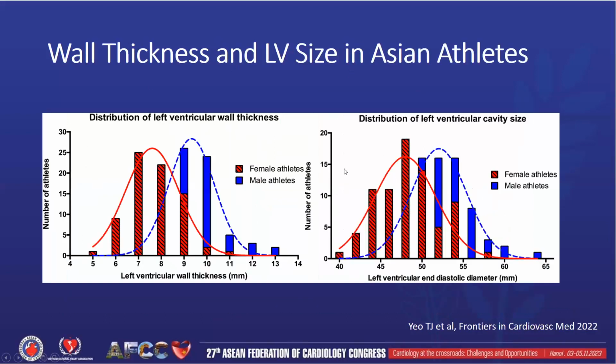This is true also in Asian athletes, and we see the distribution of left ventricular wall thickness over here, such that female athletes' maximum extreme of hypertrophy that is related to exercise appears to be about 11 millimeters in women and about 13 millimeters in men.